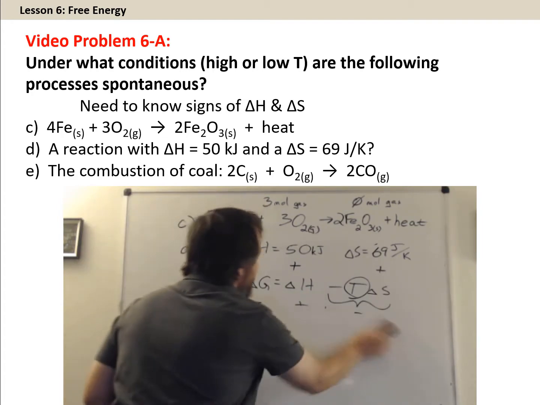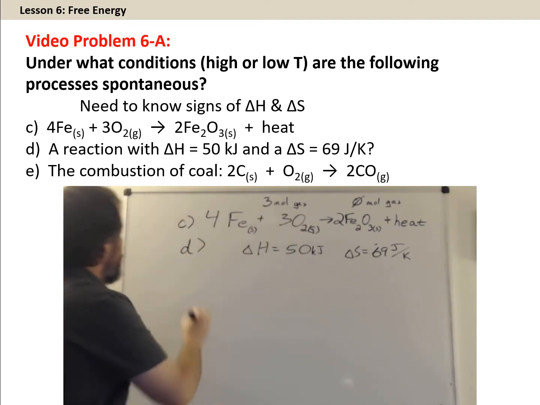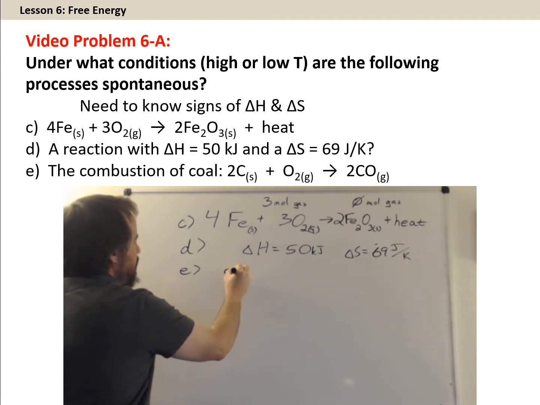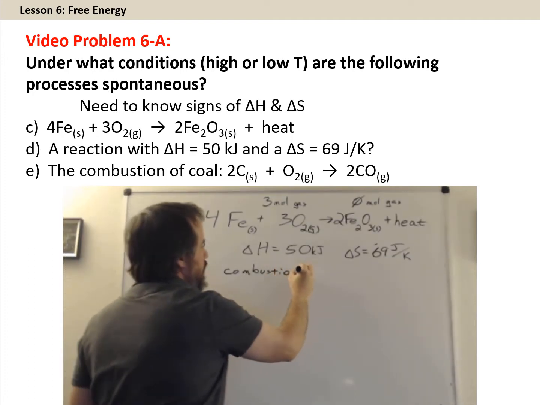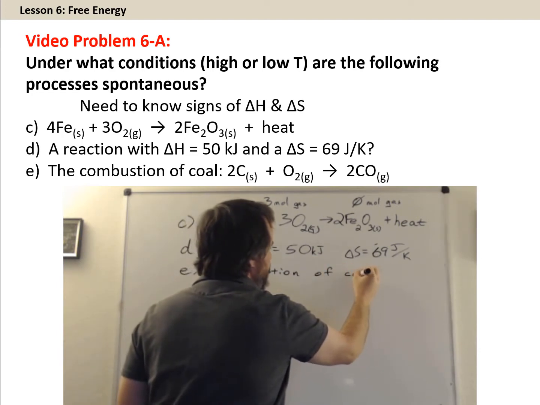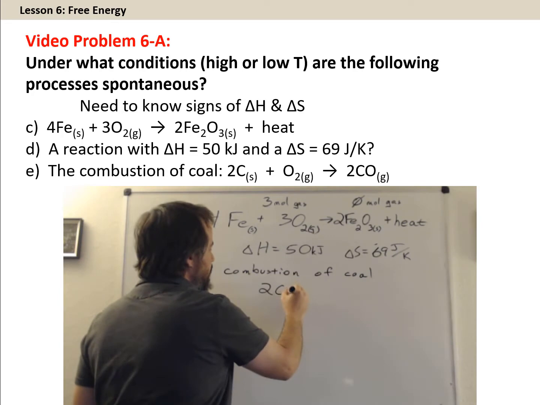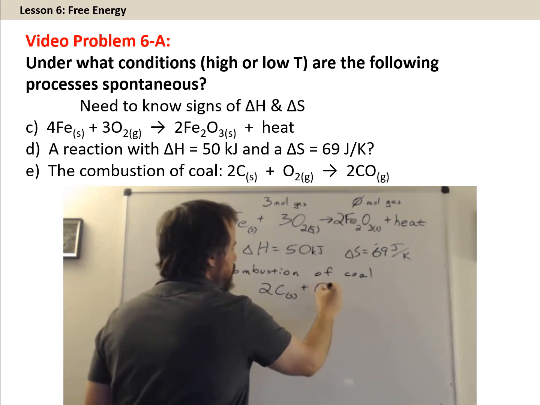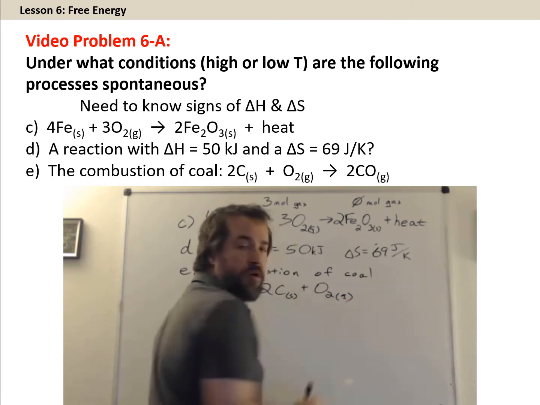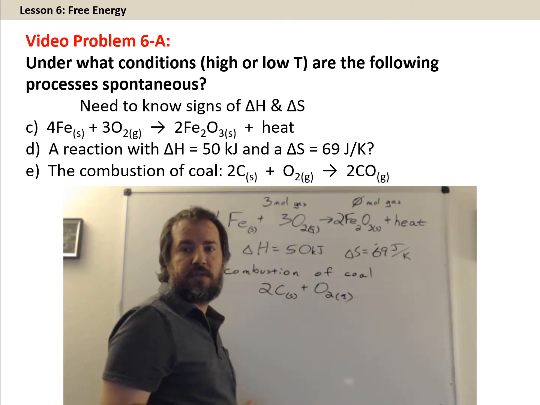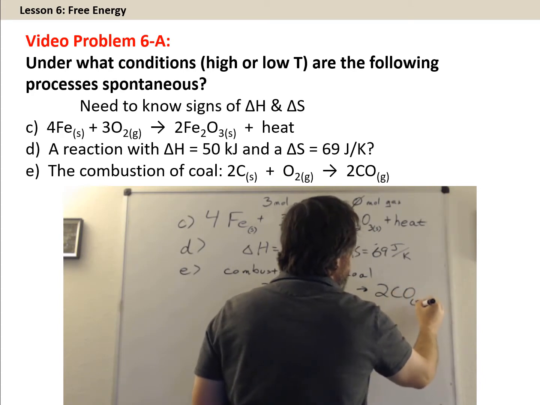Okay, let's do E. In E, we're talking about the combustion of coal. And we're told that 2C solid plus O2 gas goes to form 2CO gas.